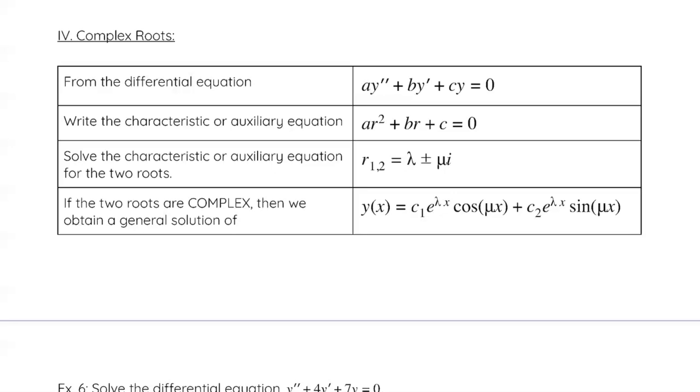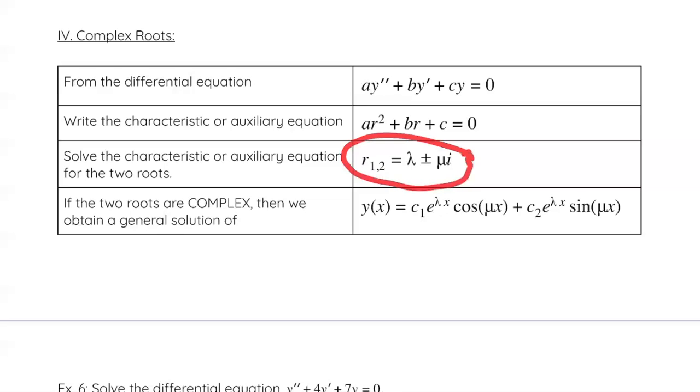So if we have our second order homogeneous differential equation with constant coefficients, just like the last two cases, we can write a characteristic or auxiliary equation. We solve, we obtain two roots. They are different from each other and they are imaginary.